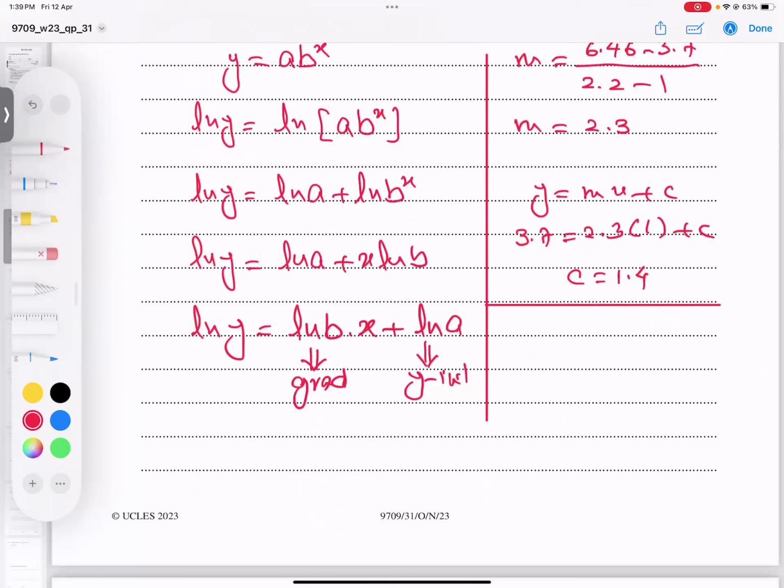Now students, I will put this part equal to that part. So I can say that logarithm of b equals 2.3 and logarithm of a equals 1.4. Now I'm just going to solve it. What is the method to solve them further?